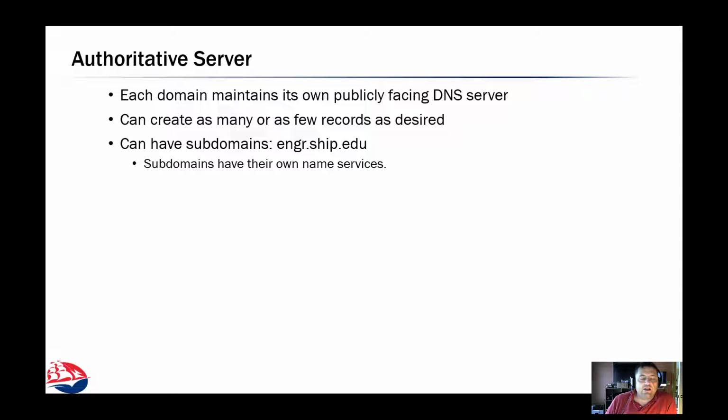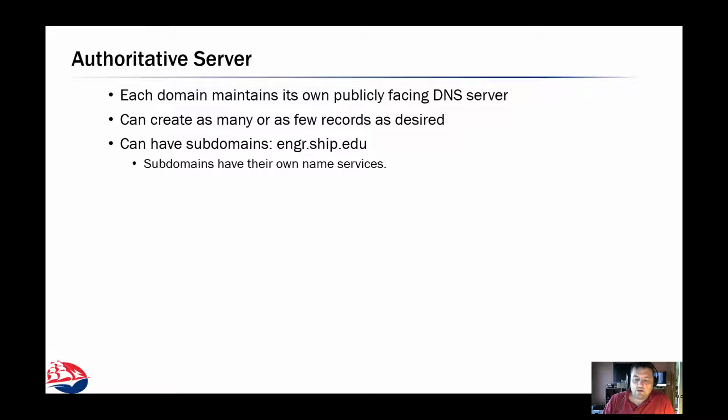So finally what's going to happen is once we get to that local organization-owned, publicly facing DNS server, now we can basically do what we want. We can create as many or as few records as desired. We can even allocate subdomains. So like the engr.ship.edu is a subdomain.